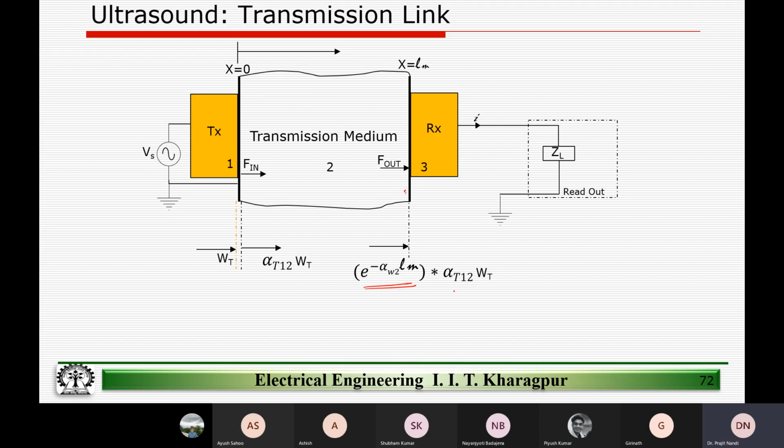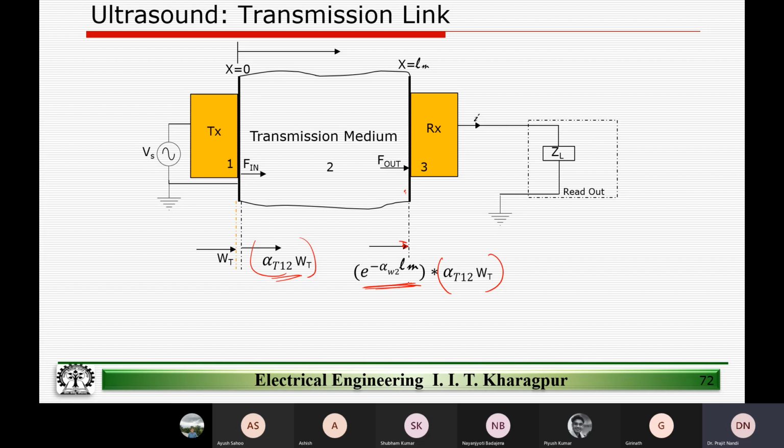Now, this is the power that is incident here. This was the input power to the transmission medium, and the output power is equal to the input power multiplied by the exponential decay. There has been a decay, and only some portion of it reaches this interface.